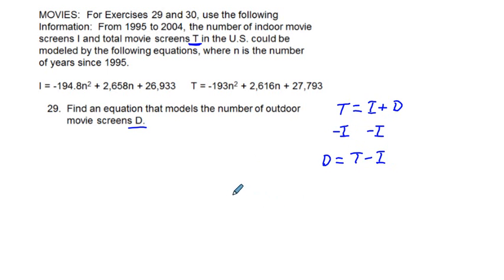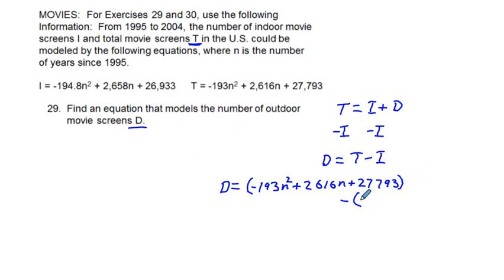So in this case, D is equal to T, which would be negative 193n squared plus 2,616n plus 27,793, minus I. I'm running out of room, so I'm writing it down here like this.